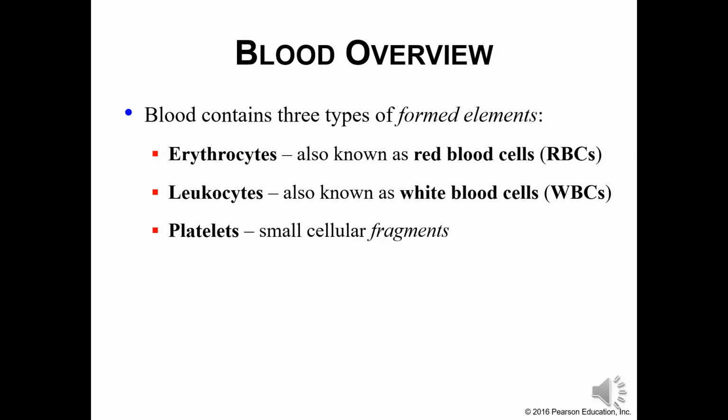Platelets, the third type of formed element, are actually fragments of a particular type of cell called a megakaryocyte. Remember, platelets are very important for blood clotting. Without platelets, of course, we would have extended bleeding times, and some people would bleed to death if the platelet count was extremely low.